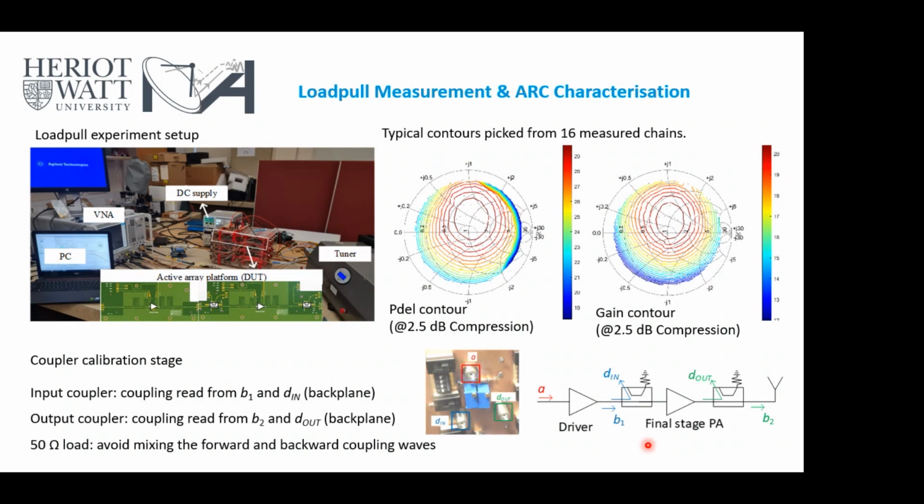However, if you enable the observation of both coupling ports at the output PA, the two signals coming in the coupling port won't mix together. So that's why we loaded one of them. And because we know the antenna S parameters, from this D out, we know what is B2. From B2 and the S matrix, we'll be able to know what is the ARC seen by each power amplifier.